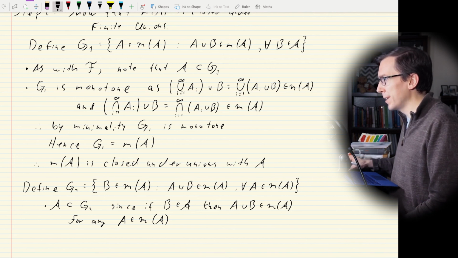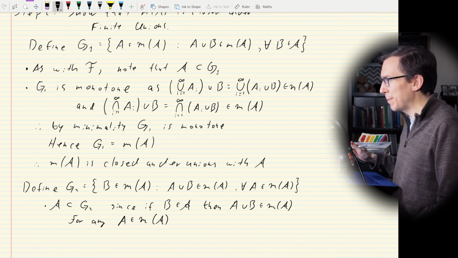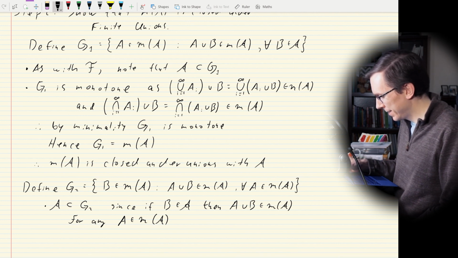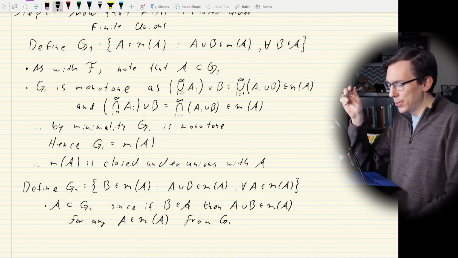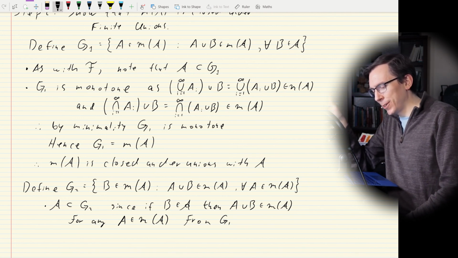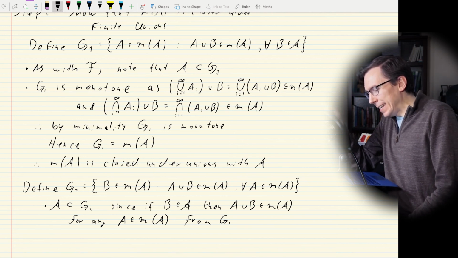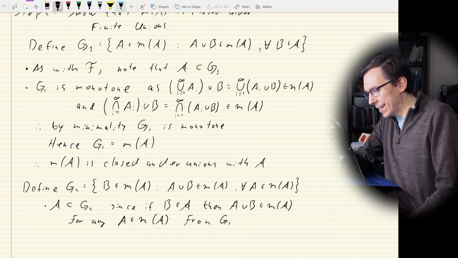Right? This is coming from the argument with G1. So again, what we're saying here is that for any B in the field A, we know that the union of A and B is going to be in M_A. That comes from G1 up above.